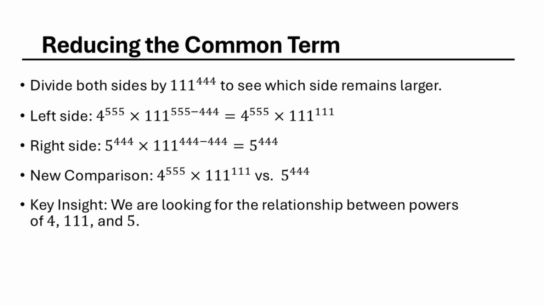On the right side, 111 to the power of 444 divided by 111 to the power of 444 is simply 1. This leaves us with just 5 to the power of 444. Our new comparison is 4 to the power of 555 times 111 to the power of 111 versus 5 to the power of 444. We are making progress, but we can simplify this even further.